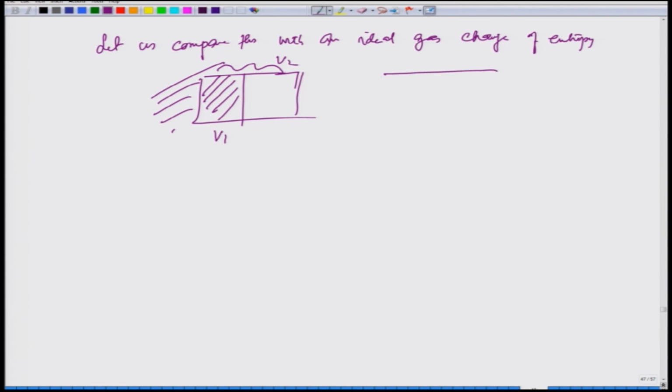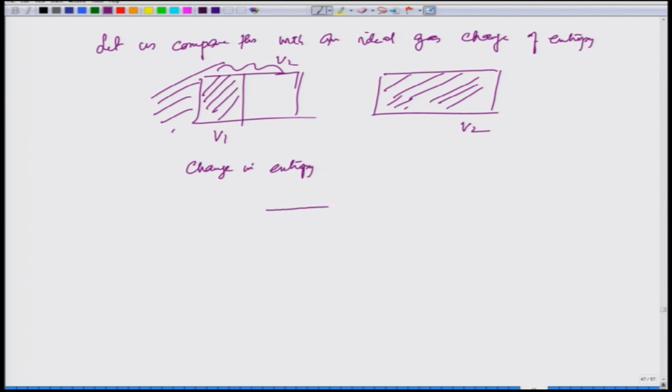When I puncture this wall, what happens is this entire container gets filled, and there is a change in entropy.